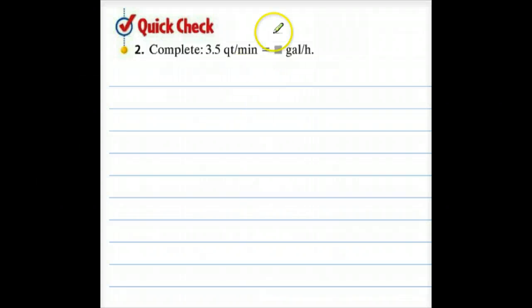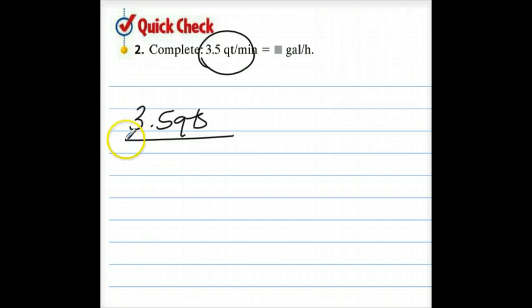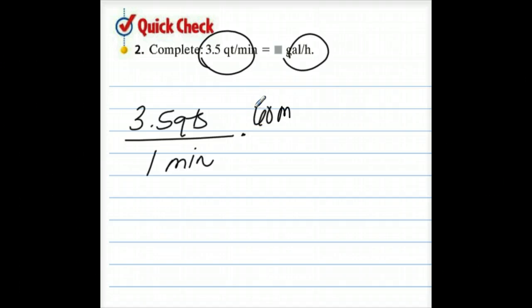All right, I'm going to do one more example here just to show you how dimensional analysis works. 3.5 quarts per minute, remember whatever they give you, write it down, per 1 minute, times, we need to get to gallons per hour. I know that there are 60 minutes in 1 hour. I put minutes on top so that the minutes cancel out.